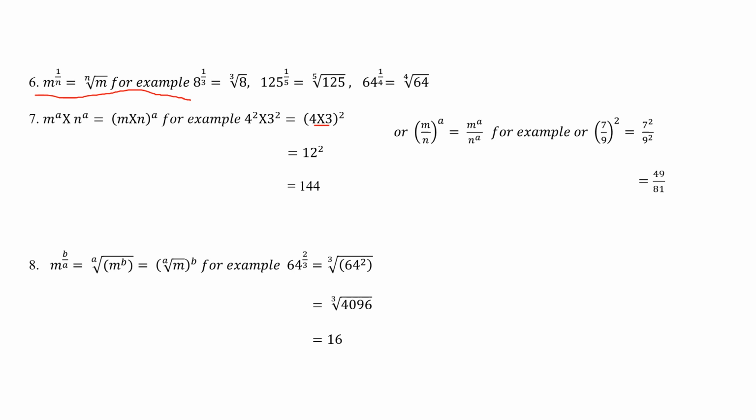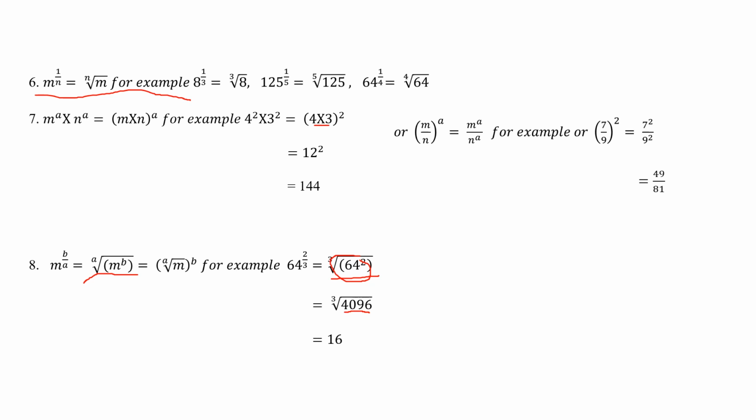An example there, we have 64 raised to 2 all over 3. Using this one, on substituting here, I'm having the cube root of the 64 and the 64 is squared. So I first square the 64 to have the 4096.